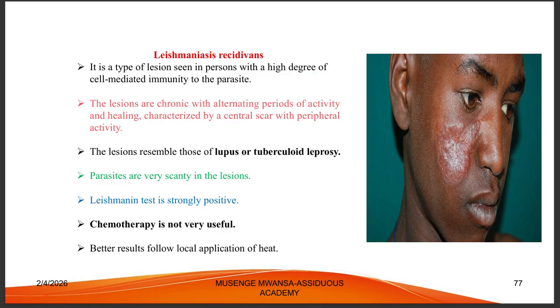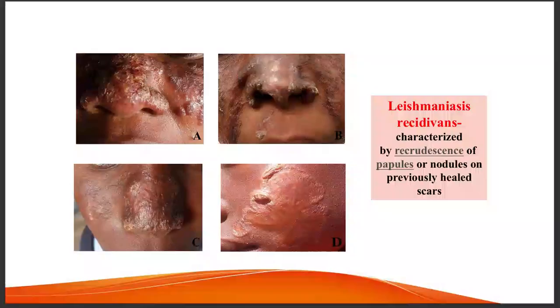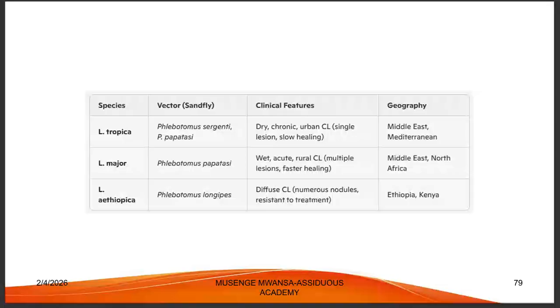Okay, but if you use local application, like the drugs that you can apply to the local area, those can be useful. You can see this is leishmania recidivans. You can see these lesions that can happen. Okay, and it's actually characterized by recrudescence of papules or nodules which previously healed and then they come back again. That's what we call recrudescence.